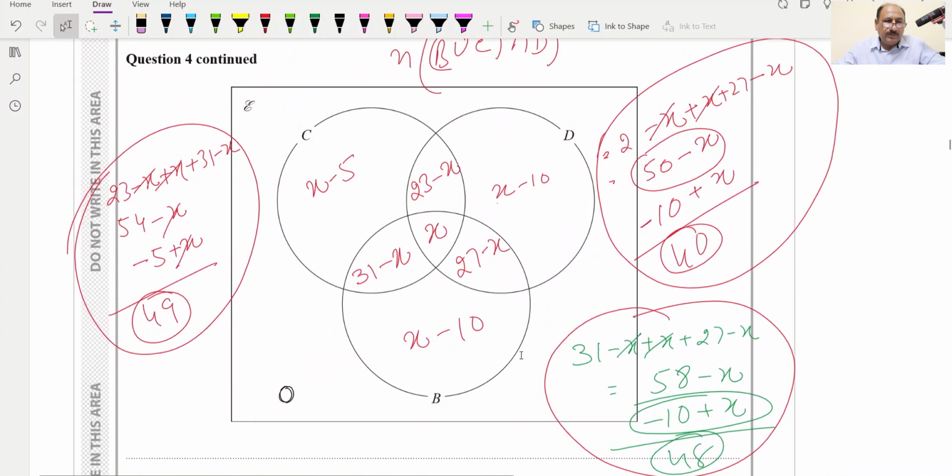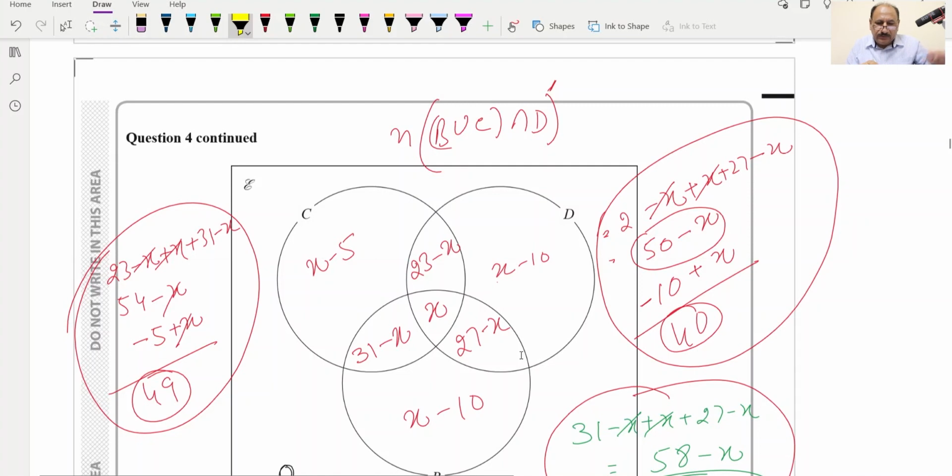So this will be the region if we identify B minus C intersection D. So B minus C in B union C intersection D is basically this area, which we can shade over here. This is the area which they have given over here. So this shaded area is what is basically B union C intersection D.